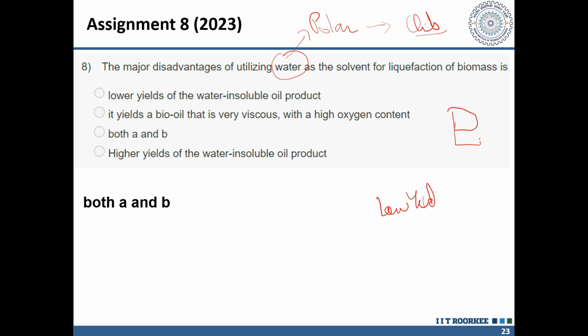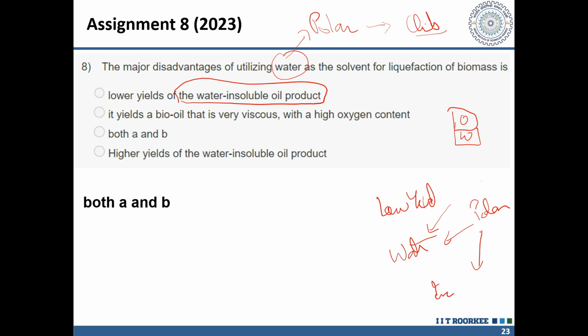Oil and water don't mix with each other, so it will be responsible for low yield of water insoluble oil products. Also, as water is polar, it will dissolve some polar compounds, and the polar compounds usually increase the viscosity.